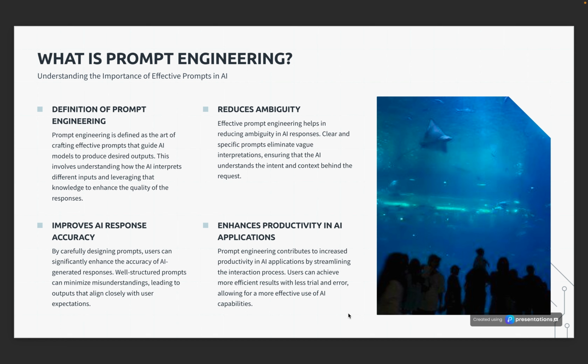Sometimes, based on your text, it cannot understand your thinking and cannot meet your expectations. So by giving effective prompts, like in bullet points and step by step, you can reduce ambiguity and misinterpretation between you and your AI, and it enhances productivity in AI applications.